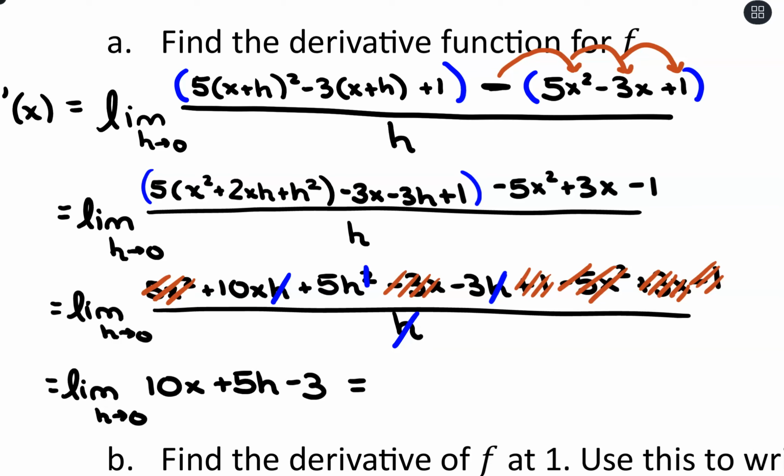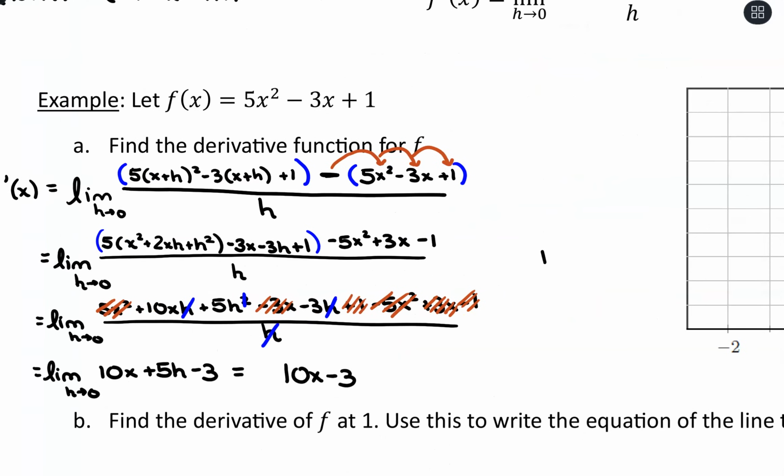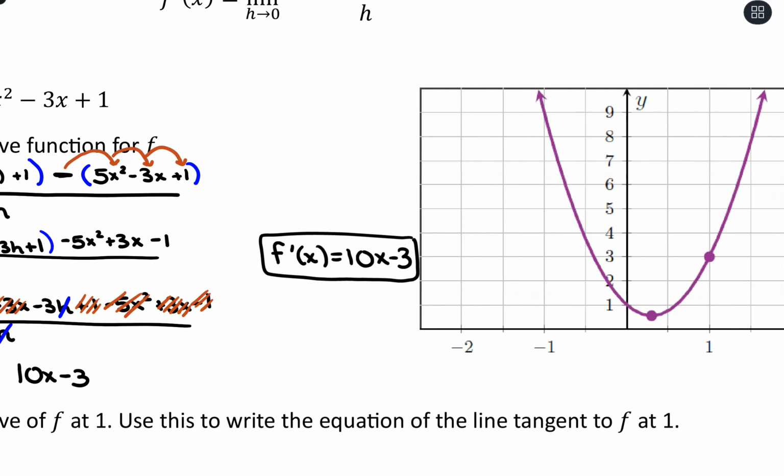And if we plug in h equals 0, we're going to be left with 10x minus 3. So what we have here is a derivative function, f prime of x, equal to 10x minus 3, that will be graphing the derivative for all of our values for x.